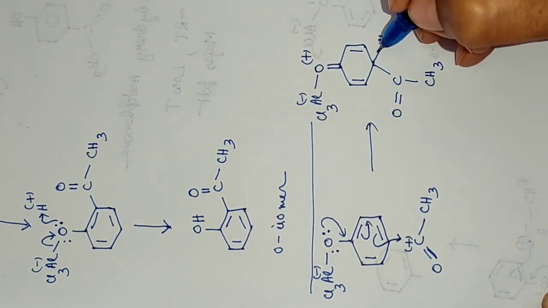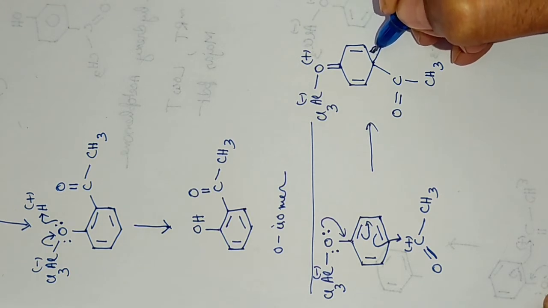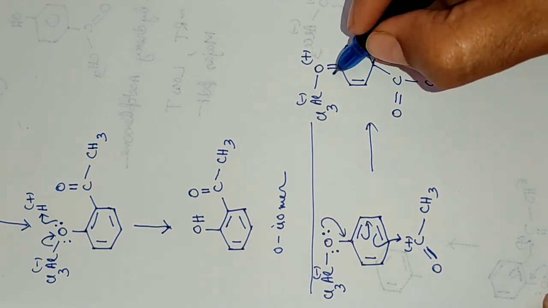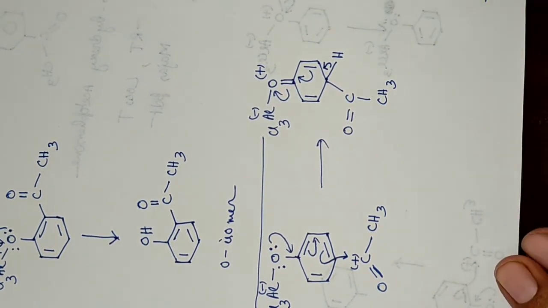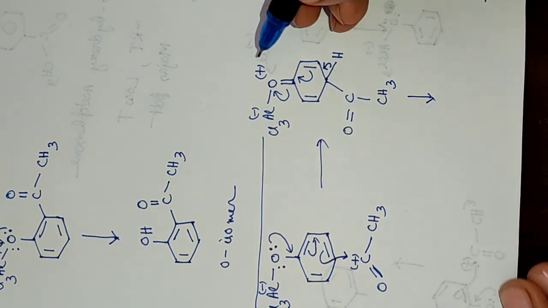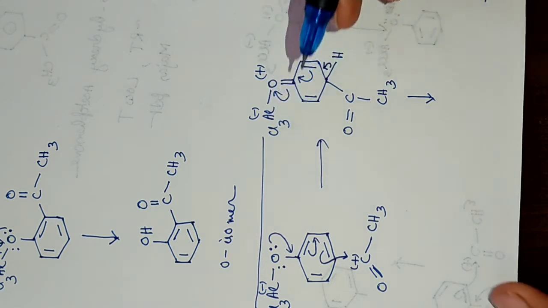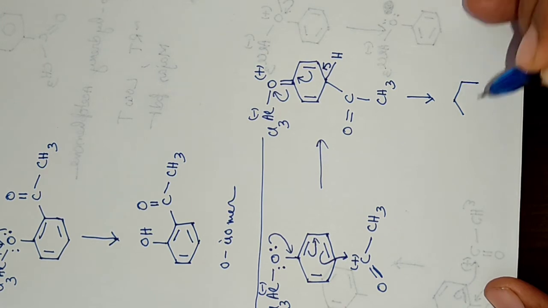Now this proton will be released so that the aromaticity is gained again. And this H plus is again captured by the lone pair of this oxygen, and AlCl3 gets released as before, and we will have the para isomer.